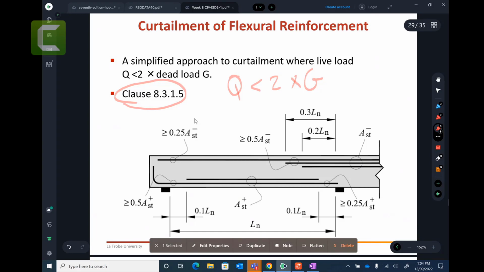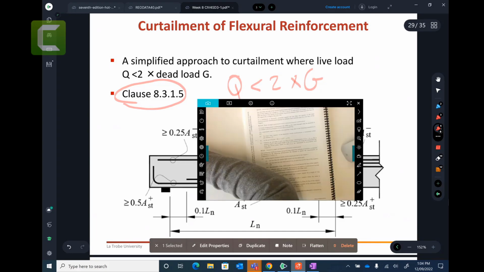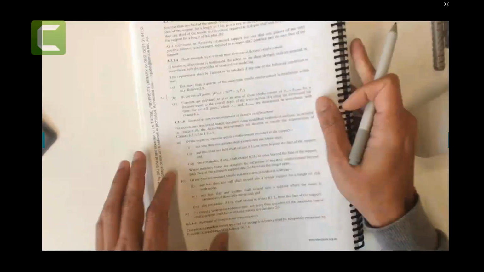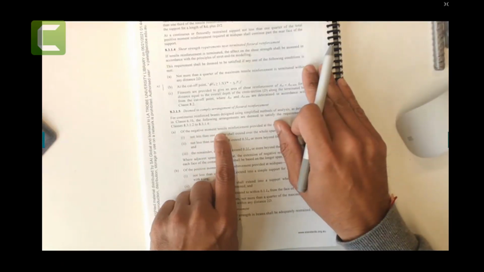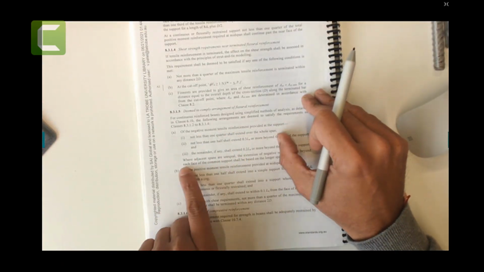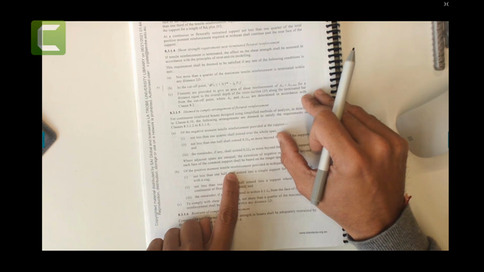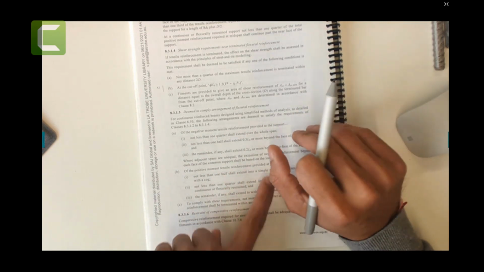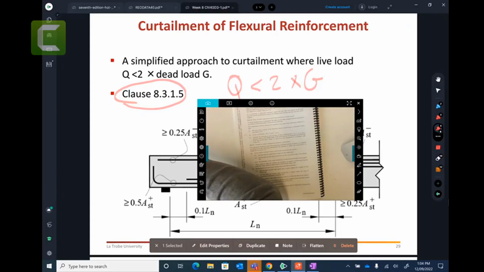Here you go. 8.3.1.5: negative moment tensile reinforcement provided at the support, and positive bending moment reinforcement provided at mid-span. So these two clauses I'm going to explain using the figures.